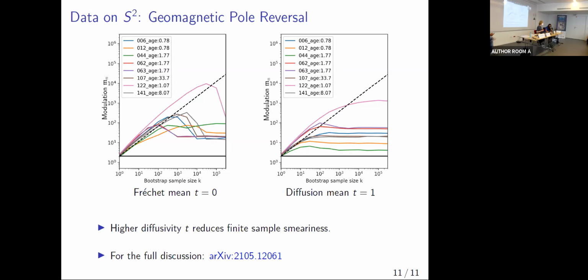And smeariness actually means that this convergence rate is slower. So for example, it could be 1 over n to the 1/6, so 6th root. And 6th root is obviously very much slower.